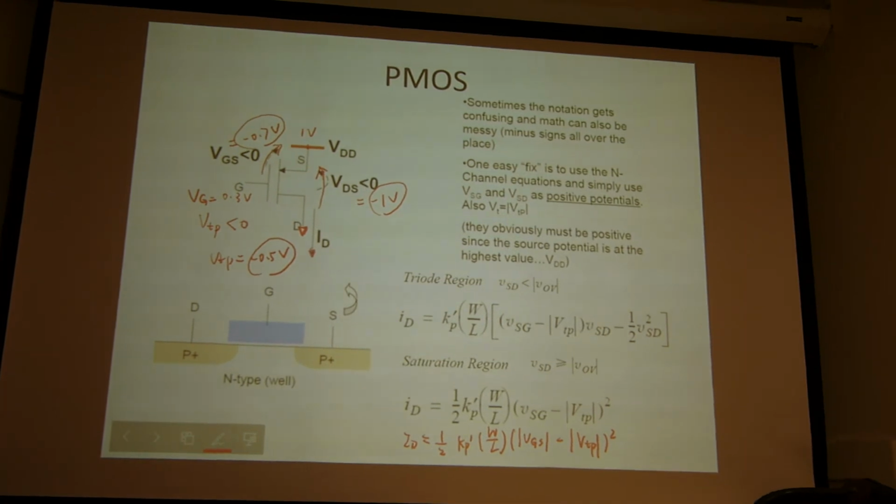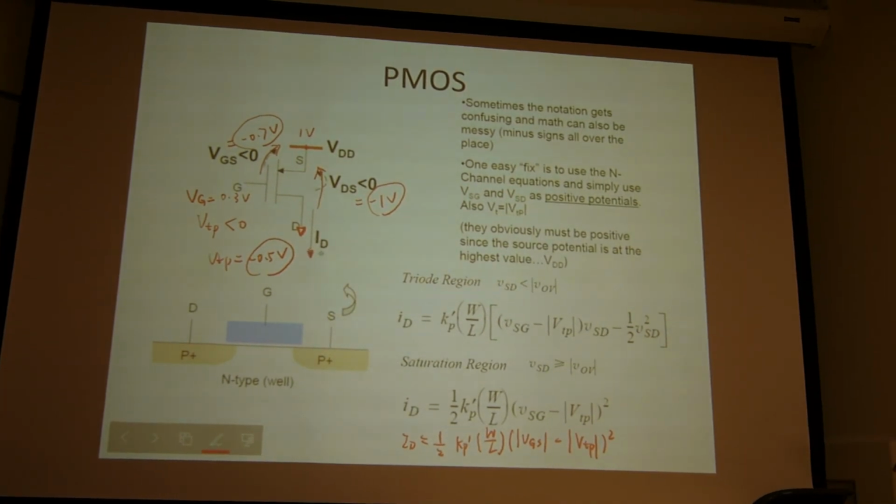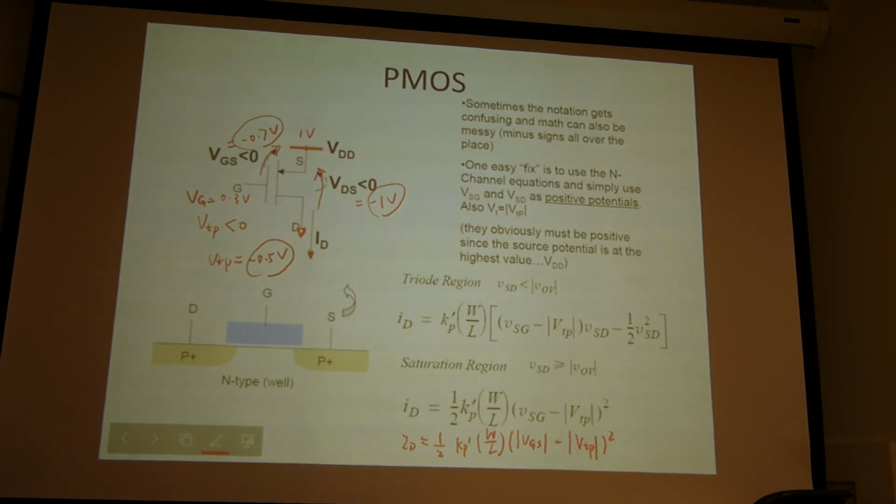But for the value or the amplitude of the current, you can use this equation if you plug all the positive absolute values into the equation. But the current definition, you need to be careful. For the PMOS, it's source to the drain. Or in other words, for the PMOS, it's higher potential to the lower potential. That is always true for the current.